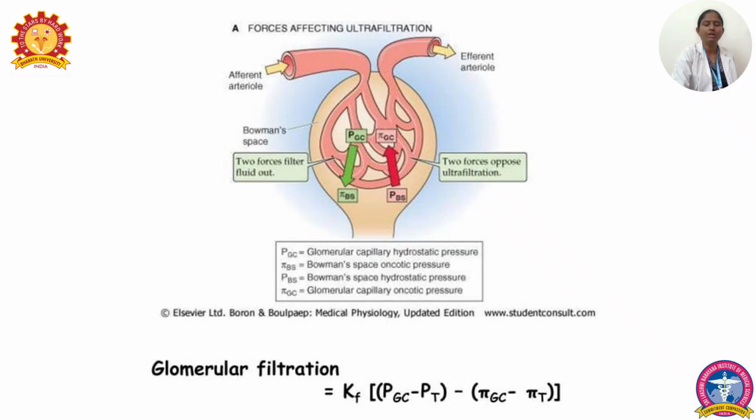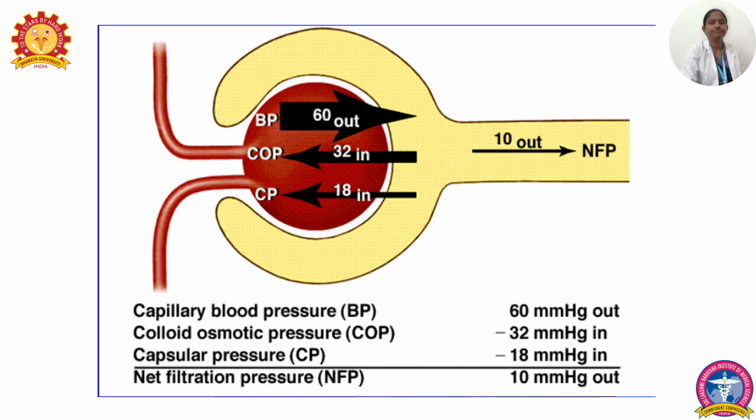Here it is about the Starling forces. I've told you when the hydrostatic pressure in the capillaries is higher, it aids in the filtration. When the hydrostatic pressure in the ultrafiltrate space is higher, it will oppose the filtration. So this formula can help in finding that out.